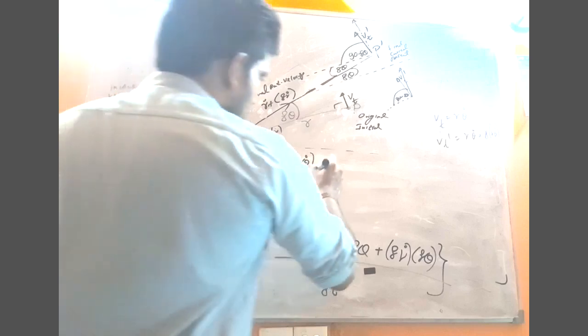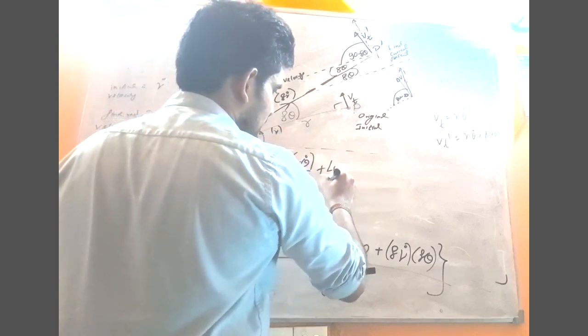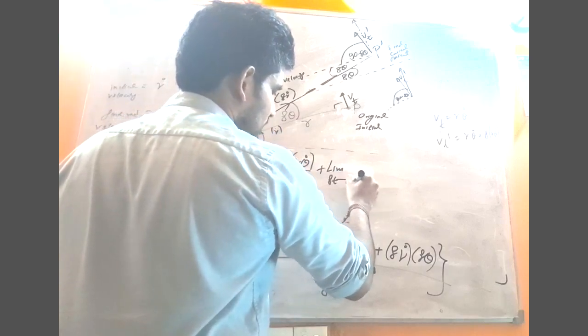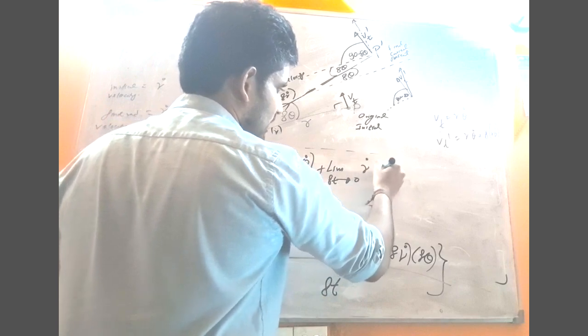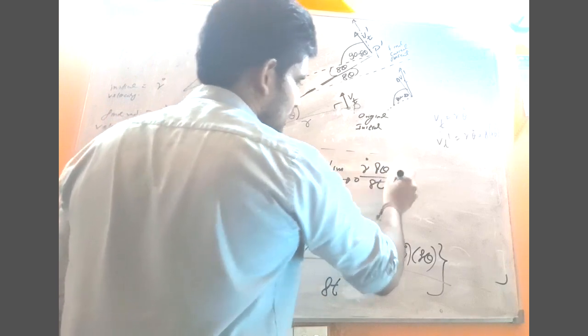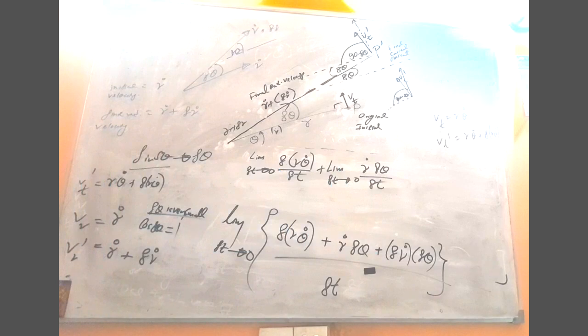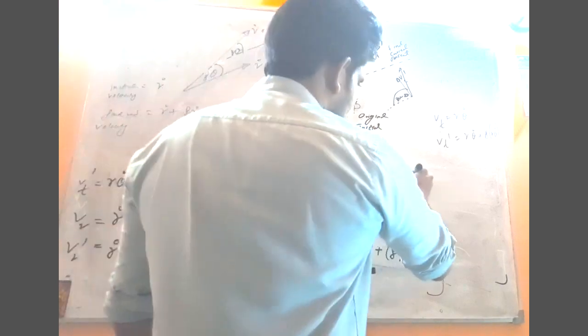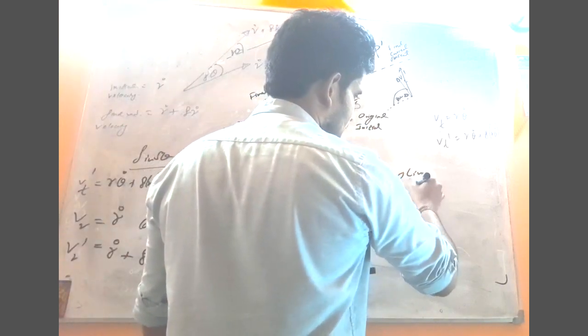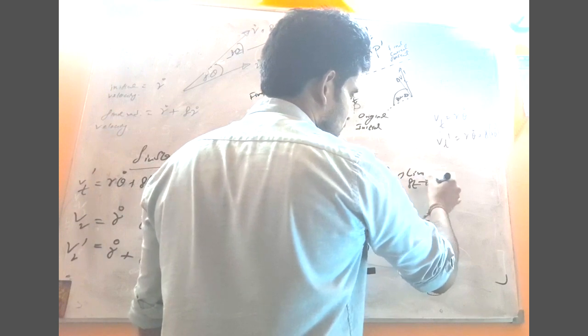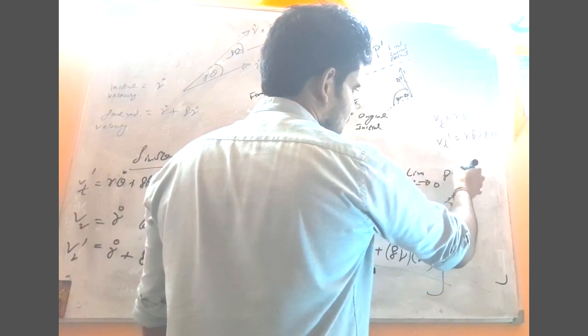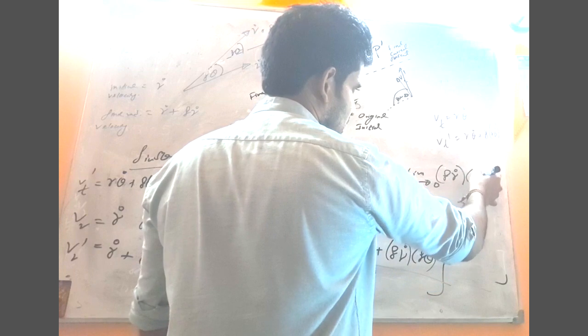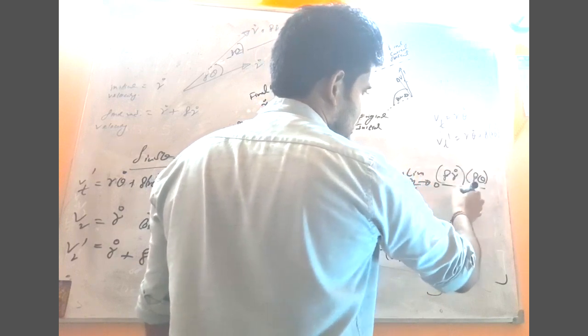Plus limit delta t tends to 0, r dot delta theta divided by delta t, right? Plus limit delta t tends to 0, delta r dot times delta theta divided by delta t.